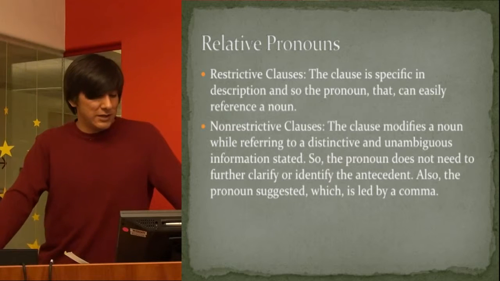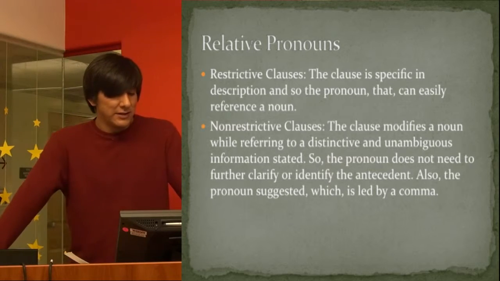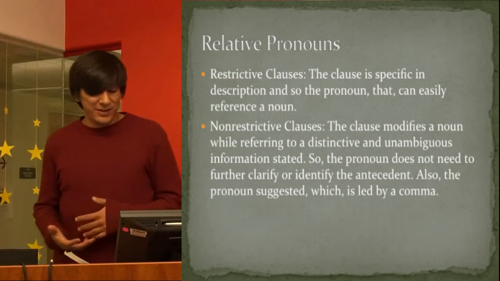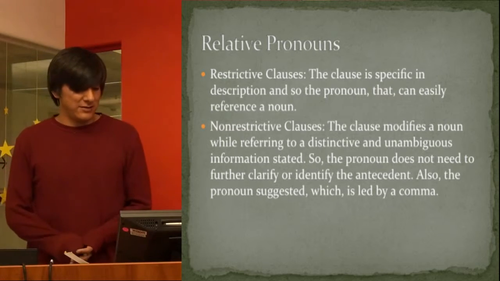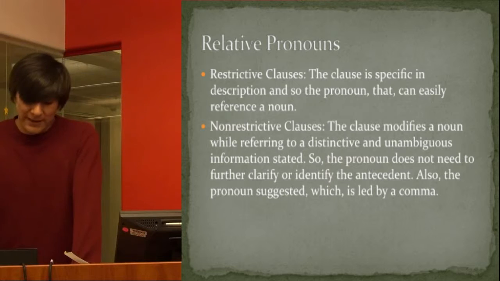In a non-restrictive clause, the clause modifies a noun while referring to a distinctive and ambiguous information stated. So the pronoun does not need to further clarify or identify the antecedent. Also, the pronoun suggested, which, is led by a comma, as in this example: Abco Incorporated ended its first bankruptcy, which it had filed in 1997.